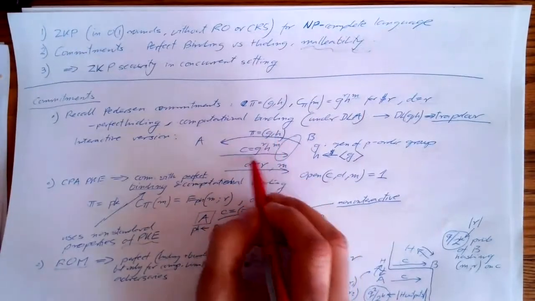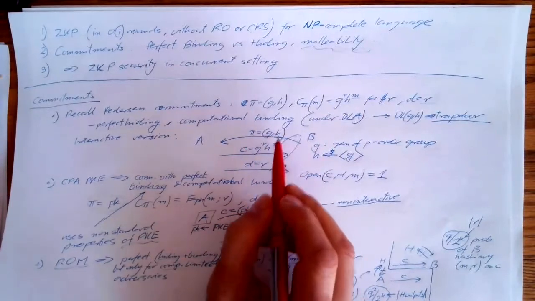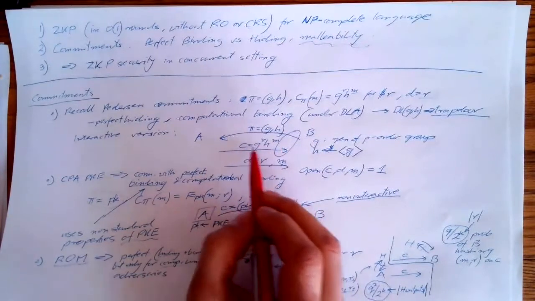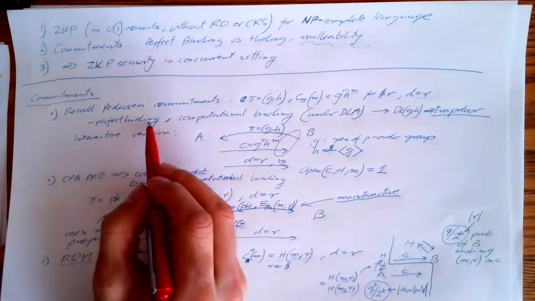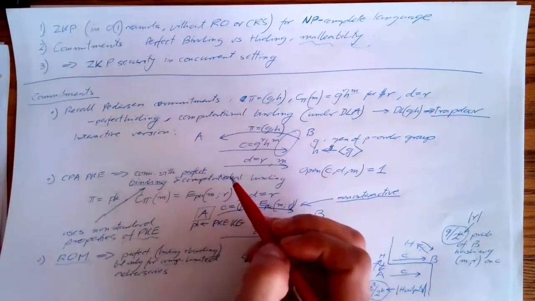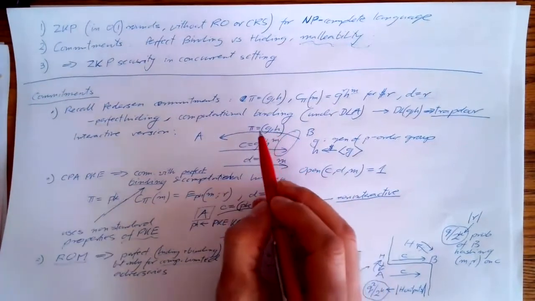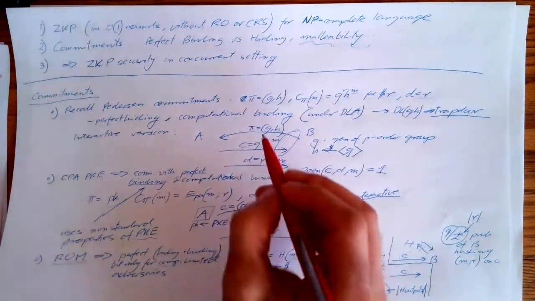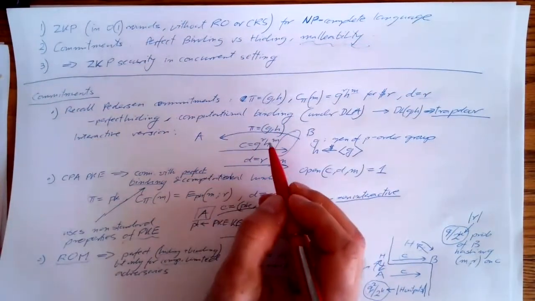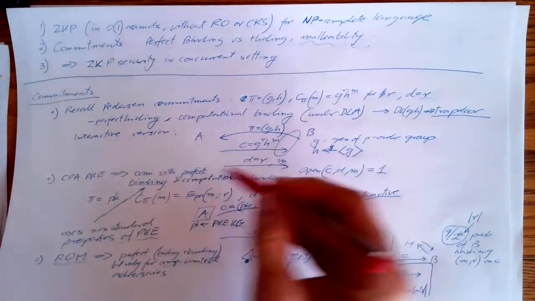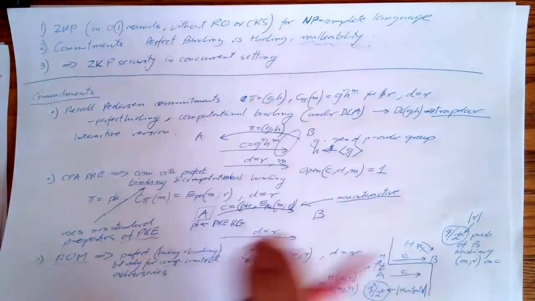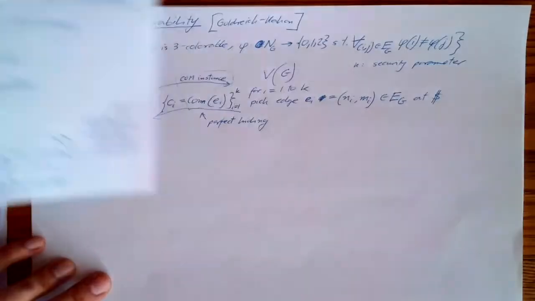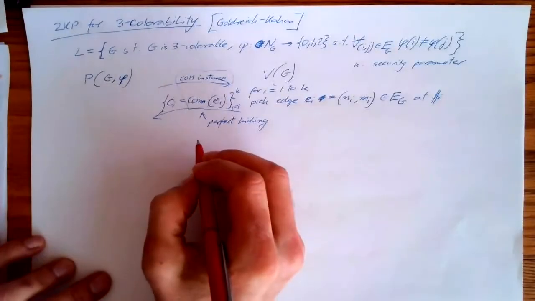If you think of this interaction as this guy choosing one instance, and this guy committing to many things, sending many such commitments, then all of them are perfectly hiding and computationally binding. So there is no problem reusing this commitment instance. He can commit and commit throughout the protocol, and they will all have these properties. Okay, thank you.